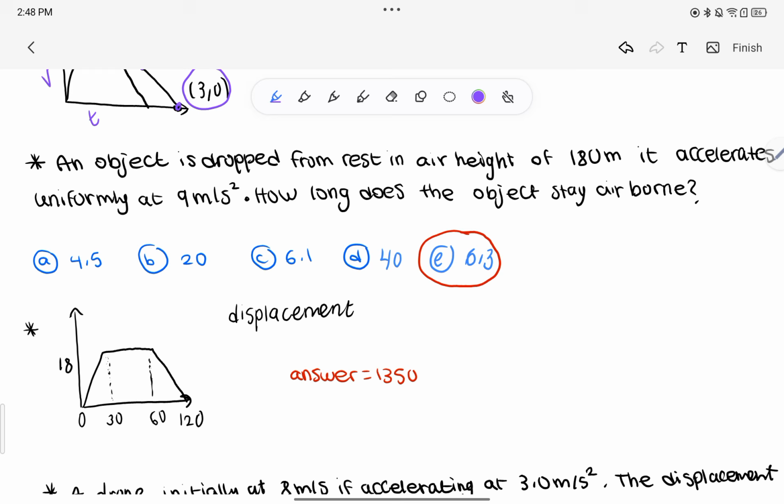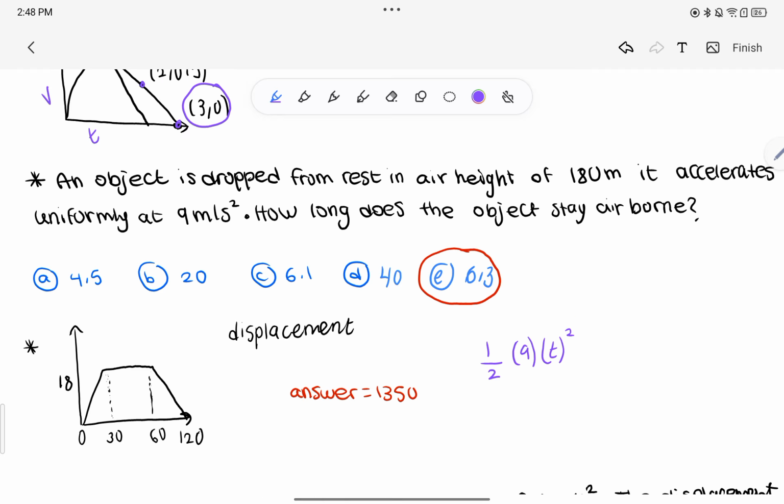So we're going to use 1 over 2 a t squared plus v initial t. A is 9. T is what we're trying to find. They said from rest, so v initial is equal to 0.